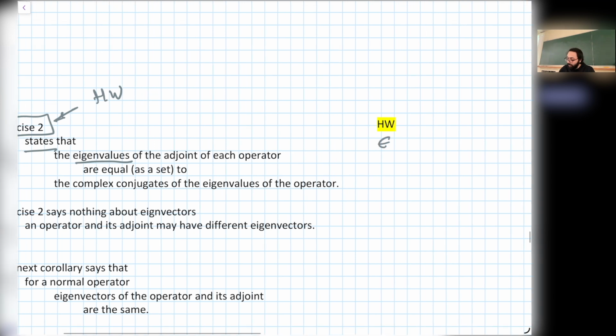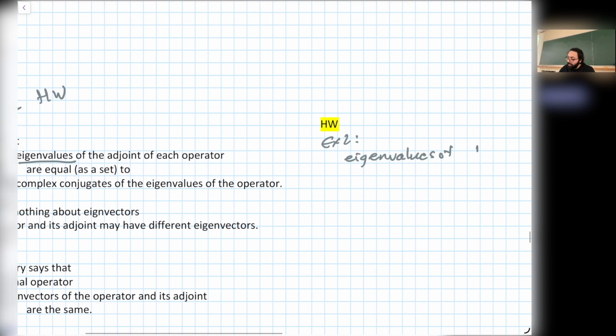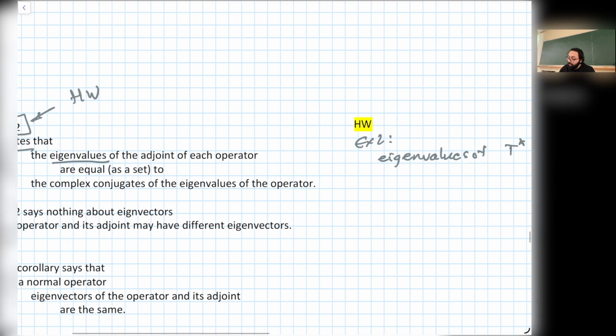So exercise 2 states that eigenvalues of T star, the adjoint of each operator. So if you look at this set, you're looking at the eigenvalues of the operator T star. This actually is going to be the complex conjugate of the eigenvalues of T. No, I think I wrote it the other way.